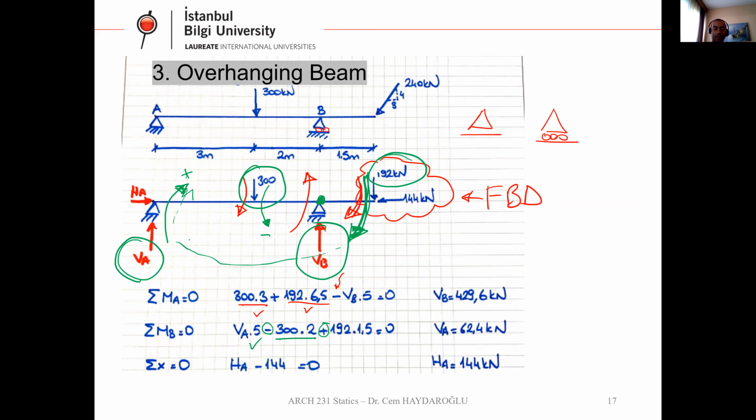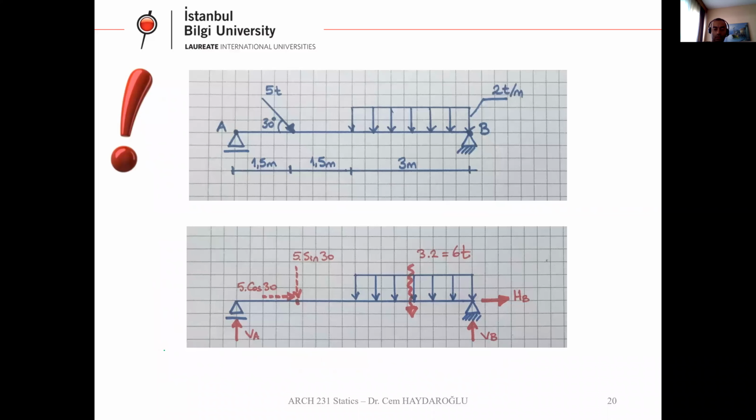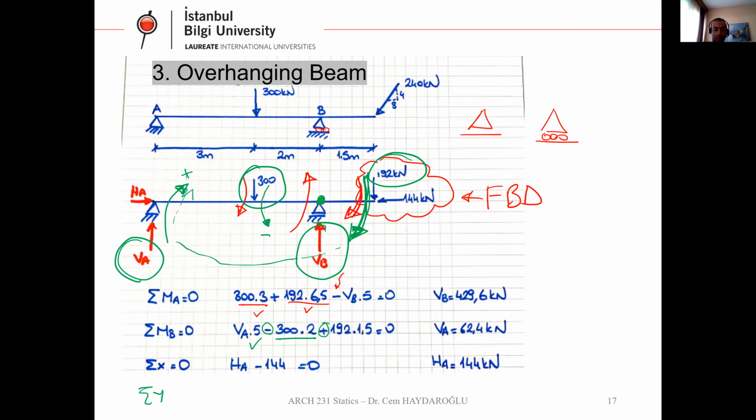So vertical A minus 300 plus vertical B minus 192 equals total Y. If this is 0, yes, I'm doing correct.